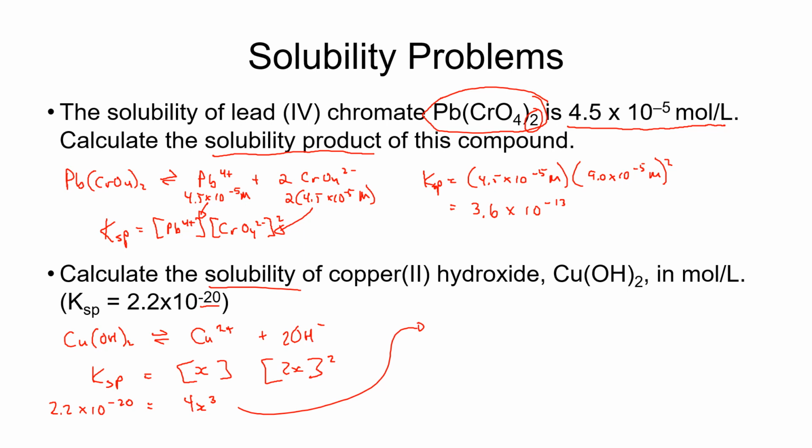And so we'll go up here, we'll divide that by 4, so 2.2 times 10 to the negative 20 divided by 4 equals, oh, of course, we have 5.5 times 10 to the negative 21 equals x cubed. And then we'll take the cube root of that, and I end up with x being 1.8 times 10 to the negative 7 moles per liter.